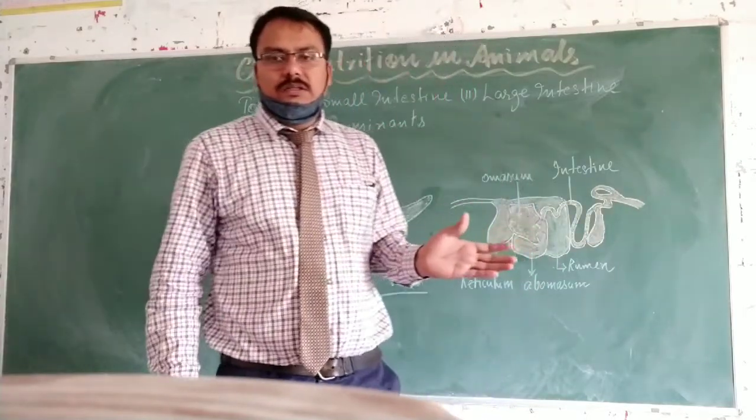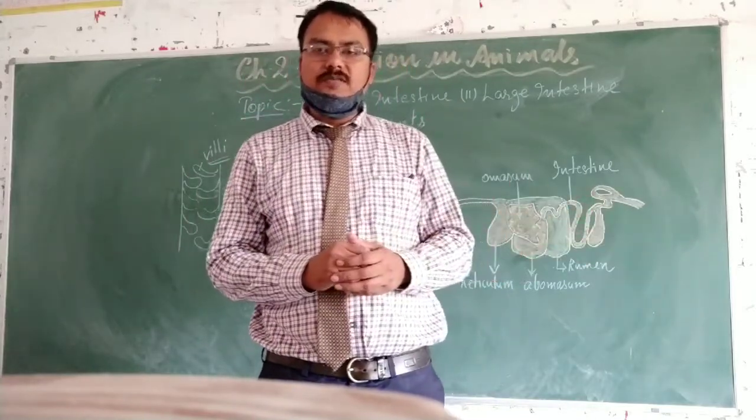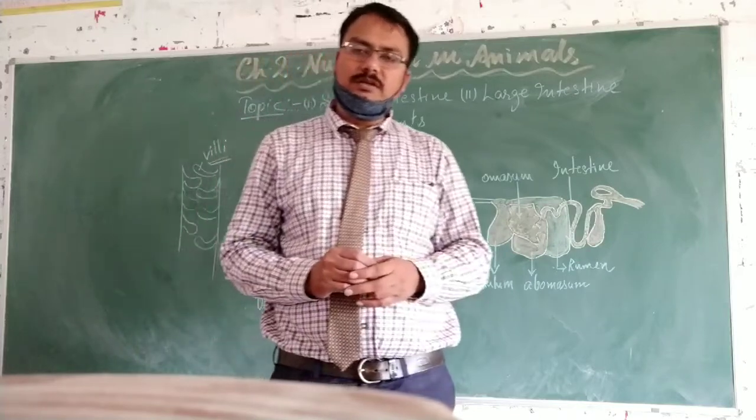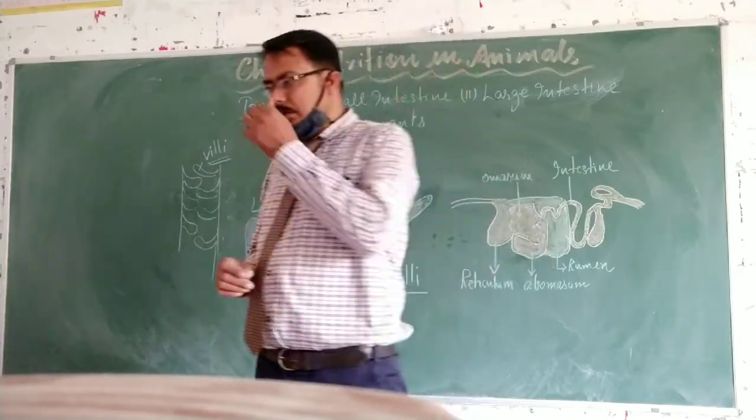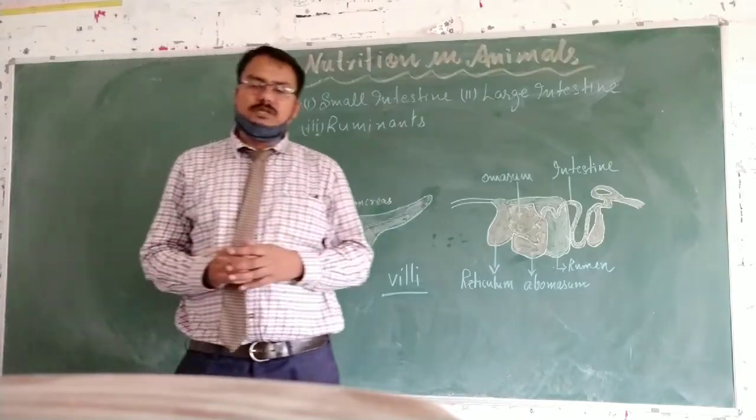Next, the undigested food particles are passed into the large intestine, which is about 1.5 meters in length, and here not too much process is there, just a simple process.